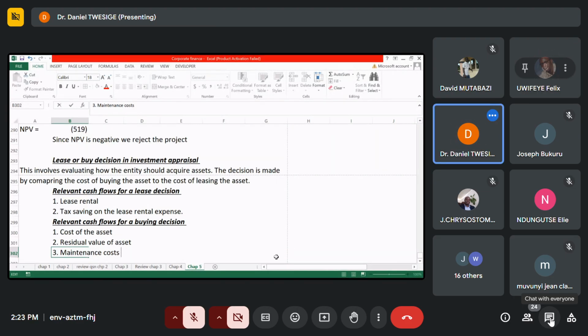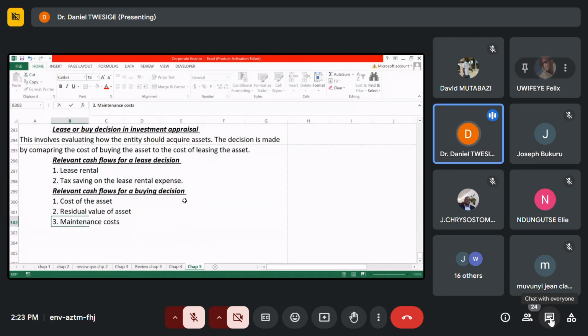Then, still here, I caution you, members, the tax saving should only be recognized if there is a tax rate, tax saving, or the tax allowable depreciation.